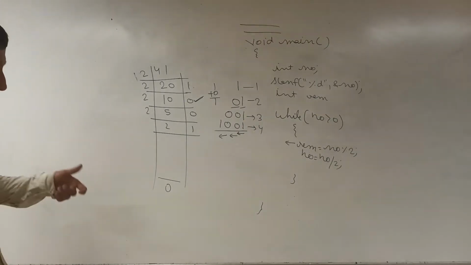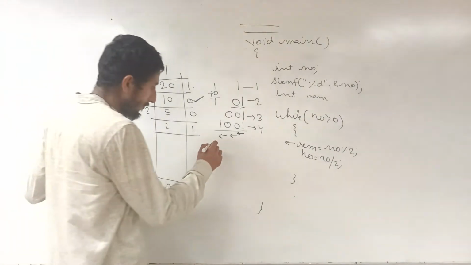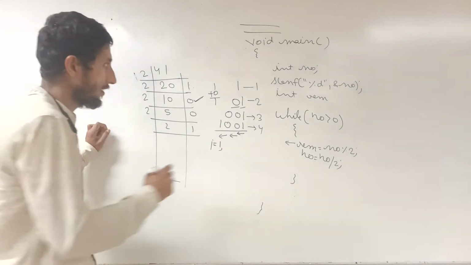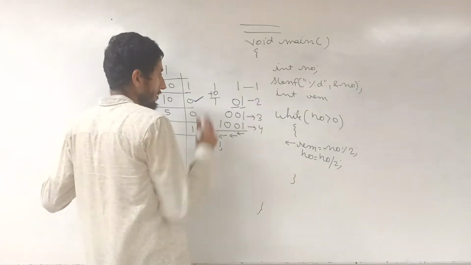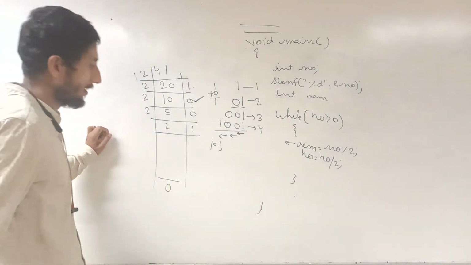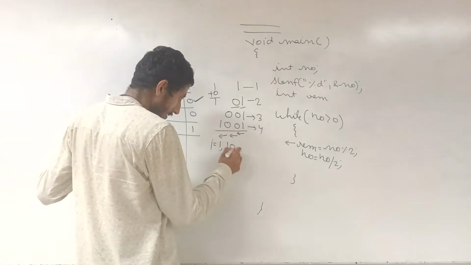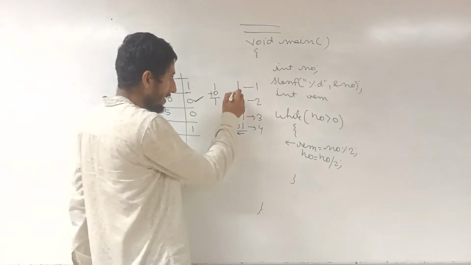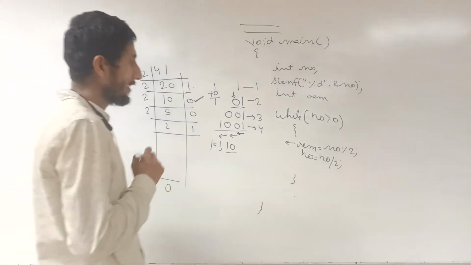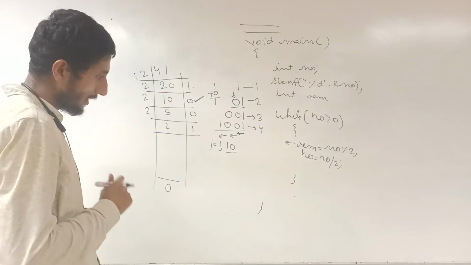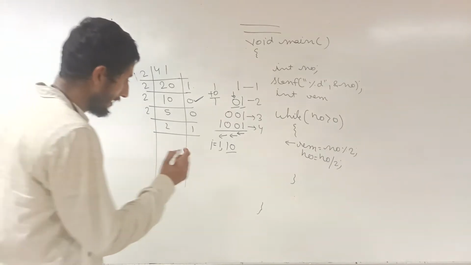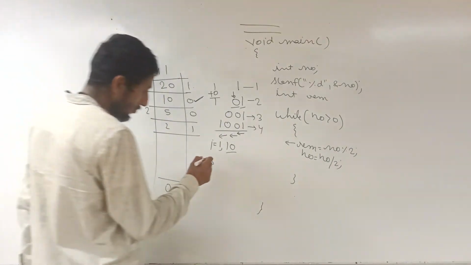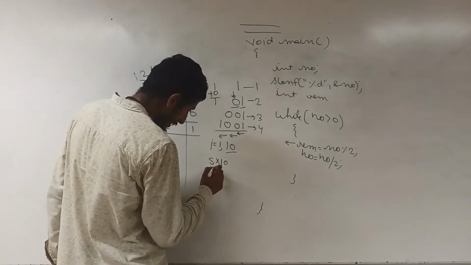To build the logic, I can take a variable i. The first time the value of i will be 1, so the number multiplied by 1 will not change; it will remain as it is. Then I will multiply by 10. The moment I multiply it by 10, it will come at the second place. Why? Because whenever I multiply any number by 10, let's say the number is 5, it is not possible in binary, but let me take an example, it becomes 50.